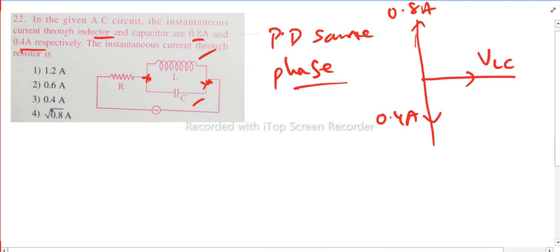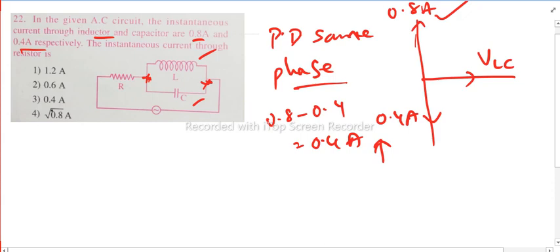Okay, we have to see what is the net value. The net value will be 0.8 minus 0.4, that is 0.4 amps in this direction. Actually, the inductor is dominating here.